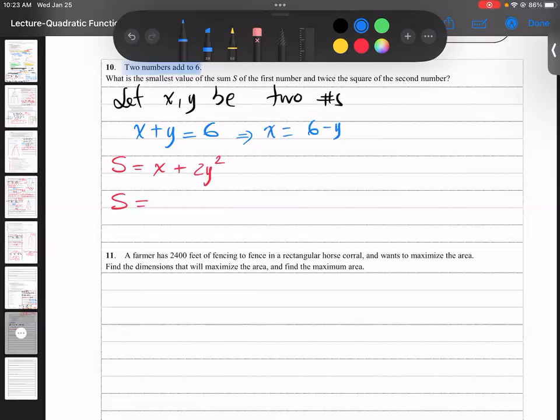So x, instead of just x, is gonna be 6 minus y, plus 2y squared. Now, if you solve for y and plug in for that y squared, you have to square it, and then you FOIL it. It takes longer. So I choose to solve for x, but it's not wrong to solve for y. Let's write it in descending order. 2y squared minus y plus 6.